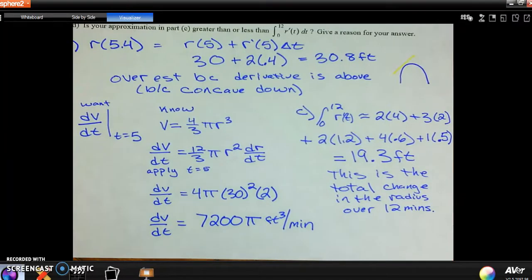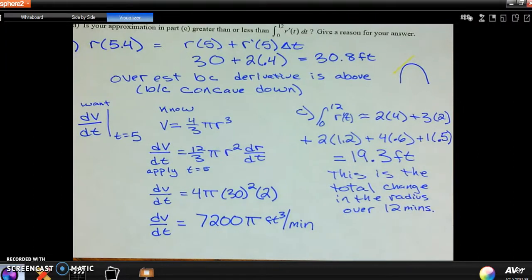Okay, and then part D says, is your approximation in part C greater than or less than the integral from 0 to 12 of the derivative dt? Give a reason for your answer. So we want to know, is our approximation an overestimate or an underestimate? I wouldn't be ashamed to sketch out a picture here.